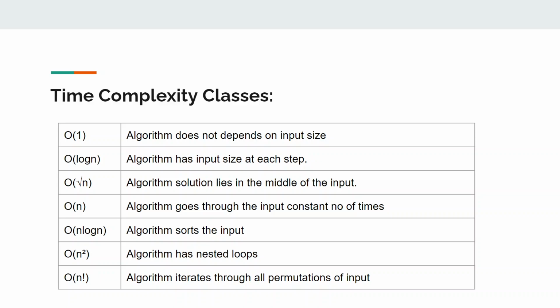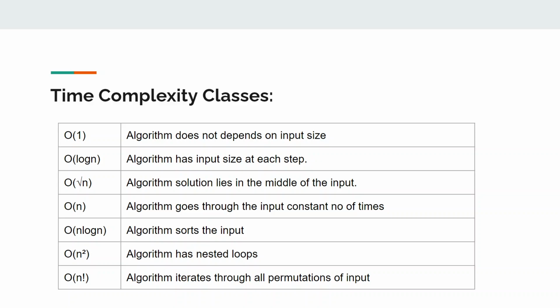Time complexity can also be categorized into multiple classes. If an algorithm does not depend on the input size, then it is O of 1. If an algorithm halves the input size at each step, then it falls under the category of log n. If the algorithm's solution lies somewhere in the middle, then it is square root of n.